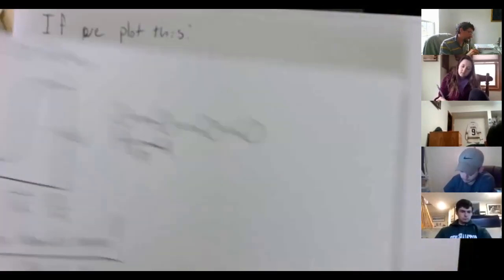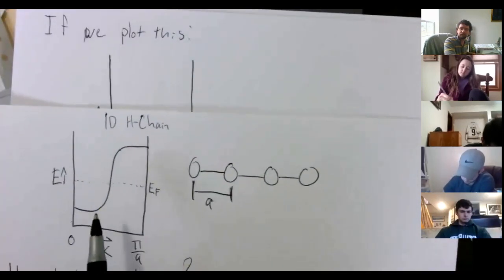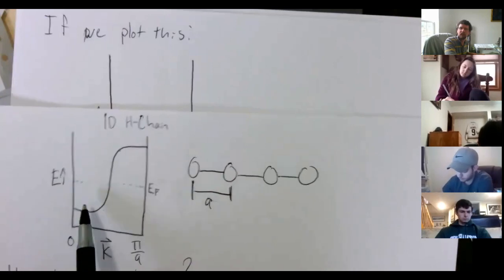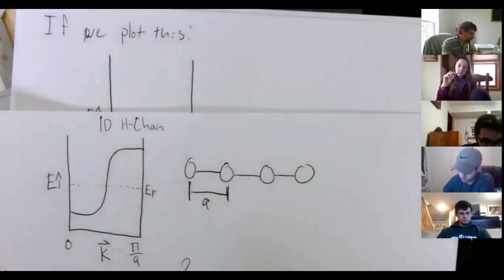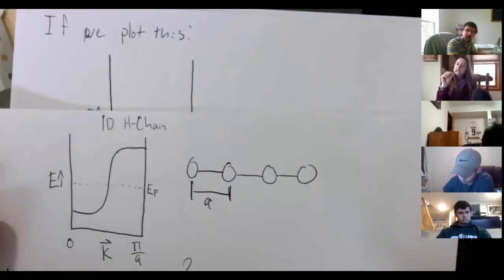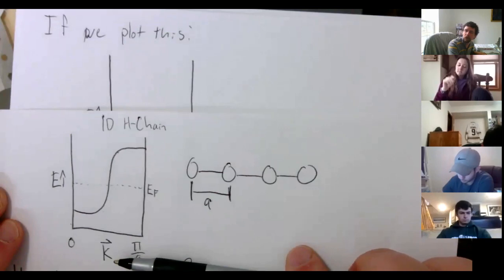All right, and last time, when we were looking at a 1D hydrogen chain, it looked like this, right? Where were the bonding states? If you had to pick a value of K that was most bonding, what would it be?